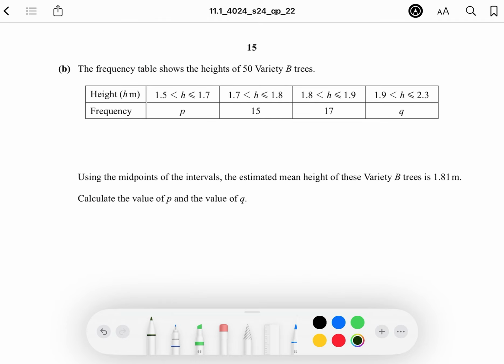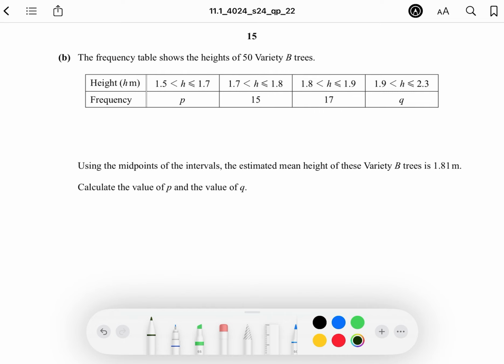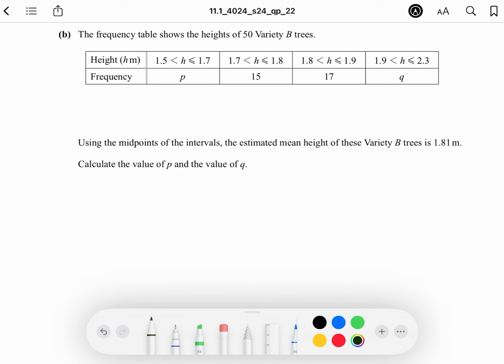Next question for this one, the frequency table of another variety B trees are given. This time there's only 50 of them. Using the midpoints of the intervals, the estimated mean height is given as 1.81 meter. Calculate the value of p and the value of q.